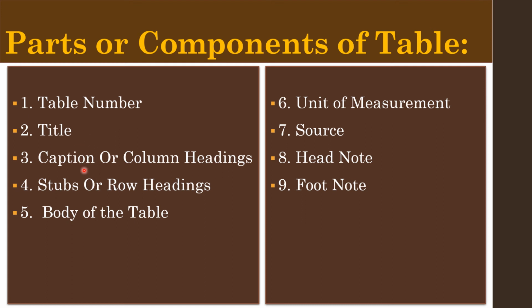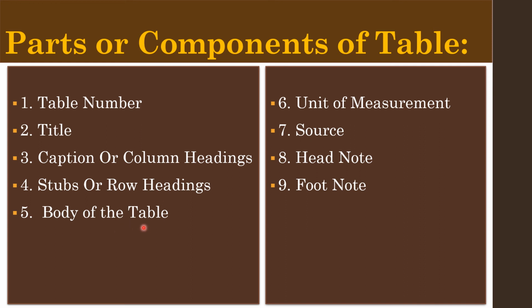The third part is caption or column heading. It is the title given to the columns of a table and it indicates the information contained in the columns of the table. Stubs or row heading. Stubs or row headings are titles of rows of a table and they indicate the information contained in the rows of the table.